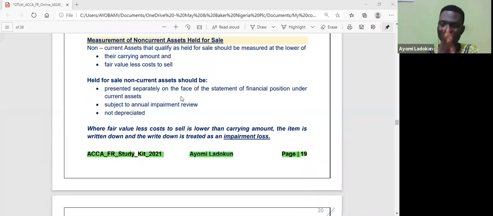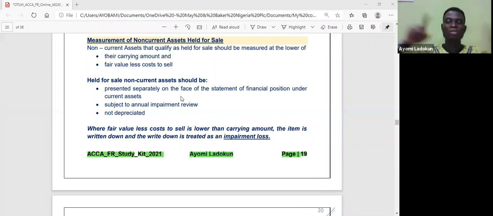So let me give an example. Let's say the carrying amount of the asset is 500,000. Fair value less cost to sell is 600,000. Which one is the lower? The carrying amount. So I continue to carry it at 500,000. On the other hand, let's say the carrying amount is 500,000 and fair value less cost to sell is 300,000.